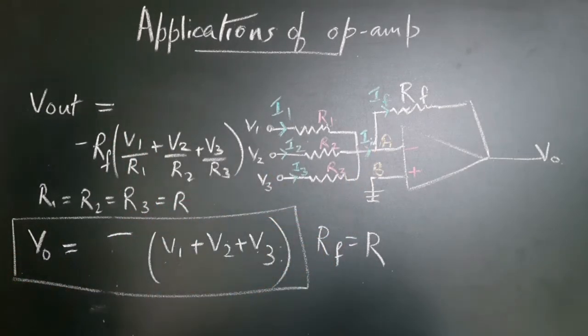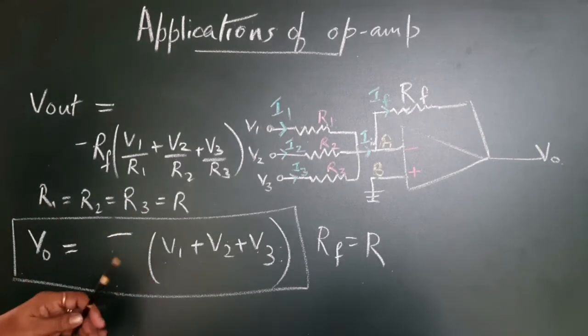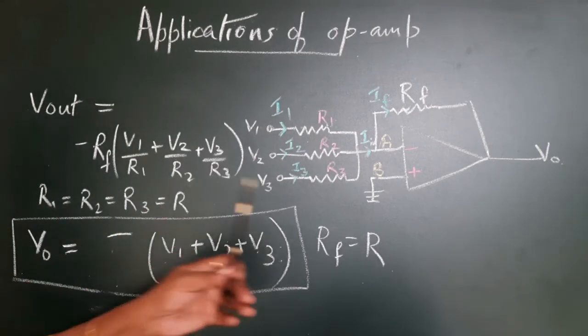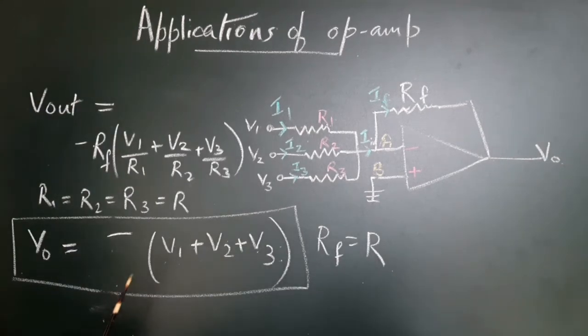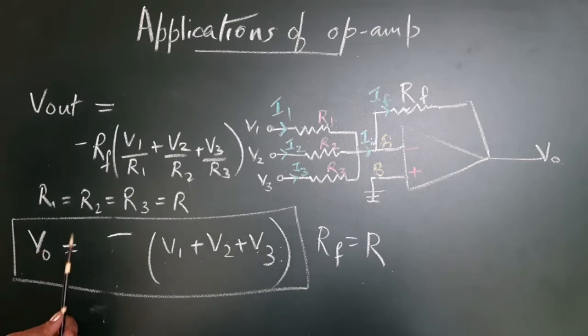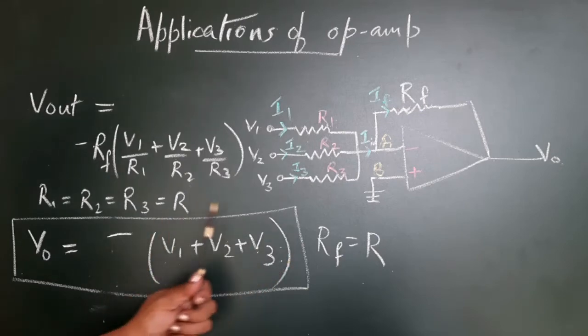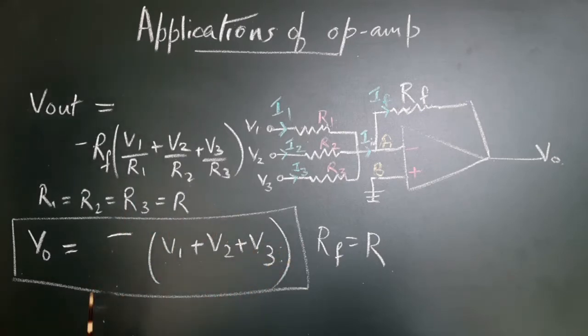If you want this phase change to be avoided, you can use one more op amp just to invert the phase in the inverting mode. So we can say that the output voltage of a summing amplifier is proportional to the negative of the algebraic sum of its input voltages.